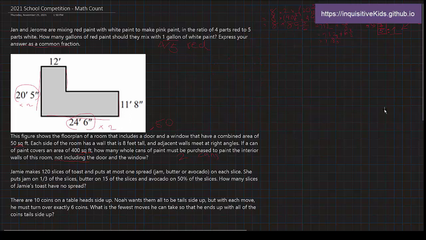Okay. Next problem. Jamie makes 120 slices of toast and puts at most 1 spread, jam, butter, or avocado on each slice. She puts jam on 1/3 of the slices, butter on 15 of the slices, and avocado on 50% of the slices. How many slices of the toast have no spread?